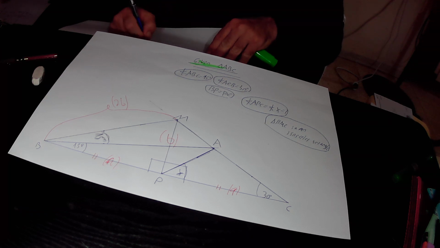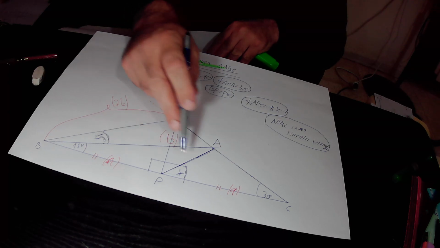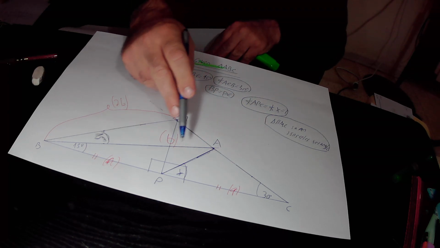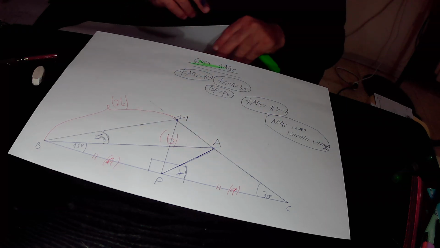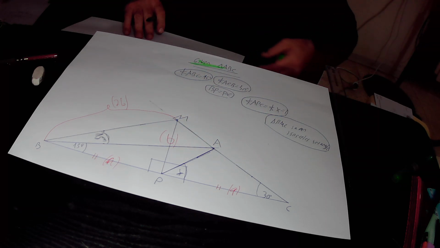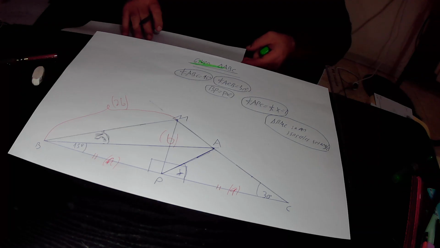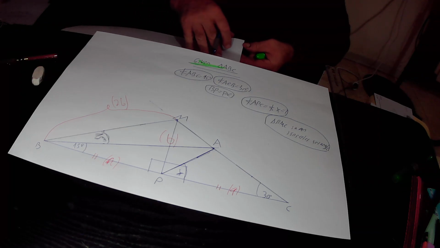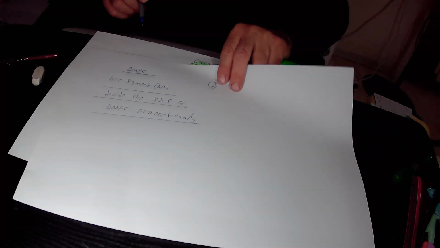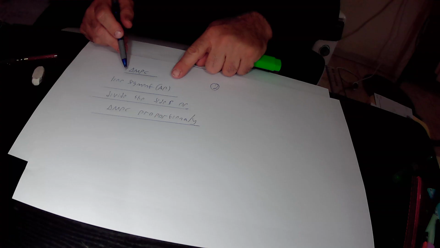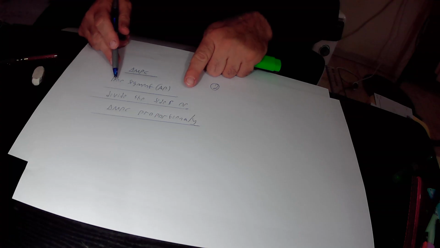Repeat again: in the right triangle MPC, line segment AP divides the size of the triangle MPC proportionally.